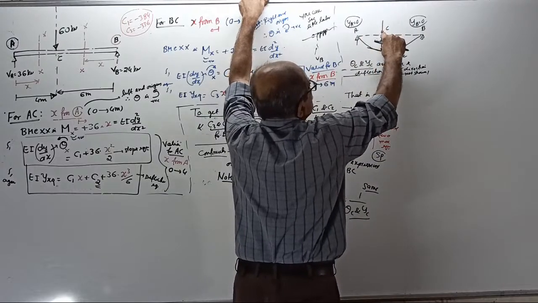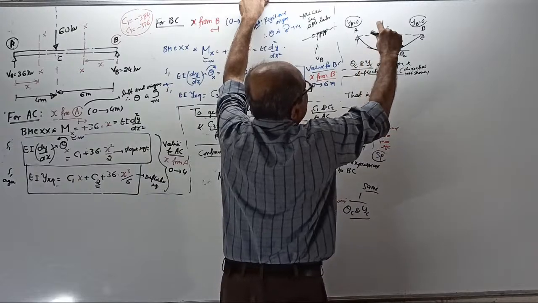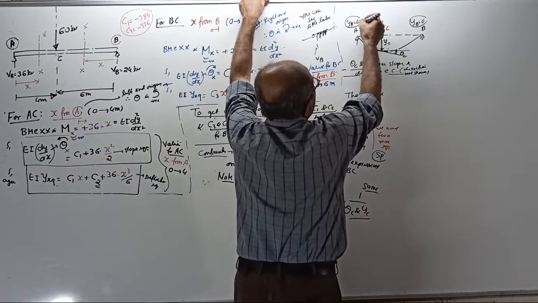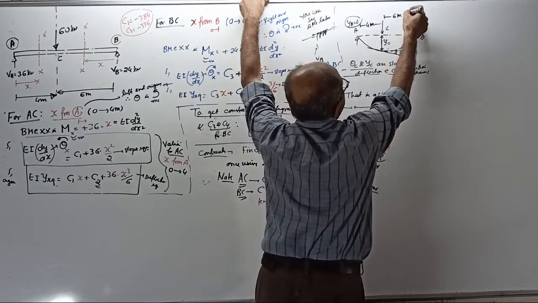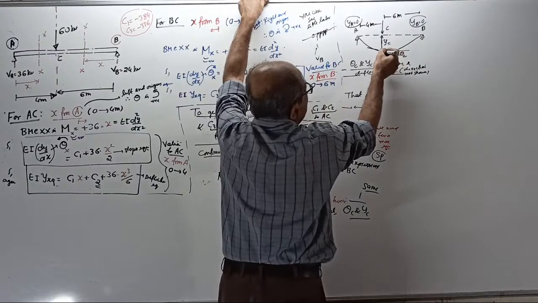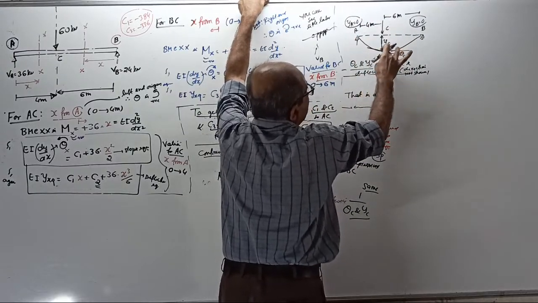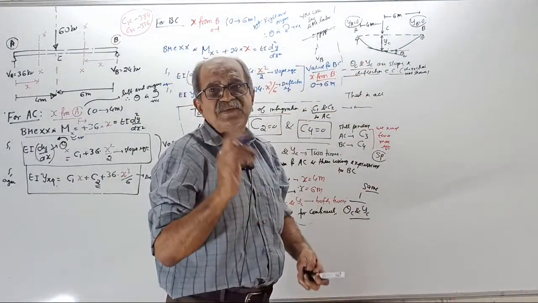This is yc for x equal to 4 from this side. This is yc for x equal to 6 from this side. This is 4 meter. This is 6 meter. Same way, this is theta c for x equal to 4 from here. This is theta c for x equal to 6 from there. Tell me, is this also clear?